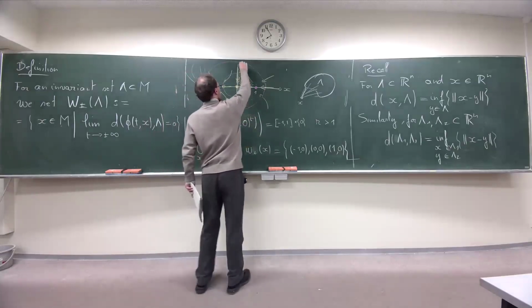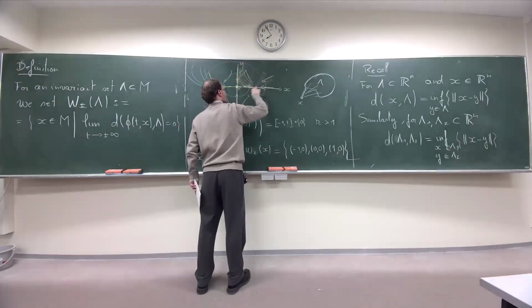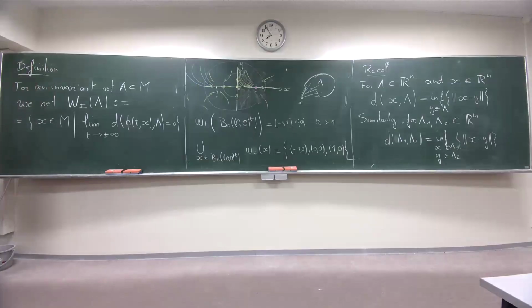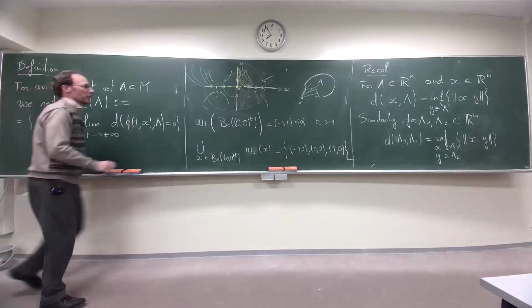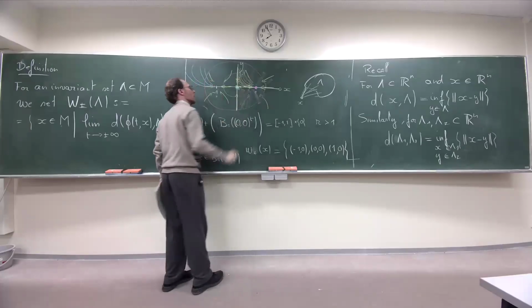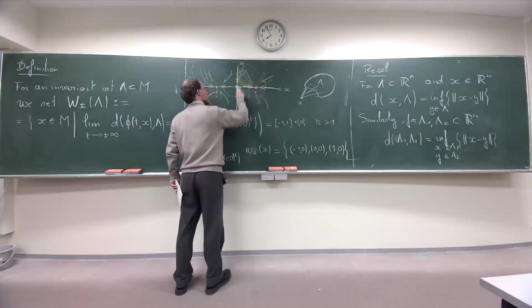Then I would get probably the half space here, because all these points are becoming closer and closer. On the other hand, if I fix the point 0, I would probably obtain only these two lines.